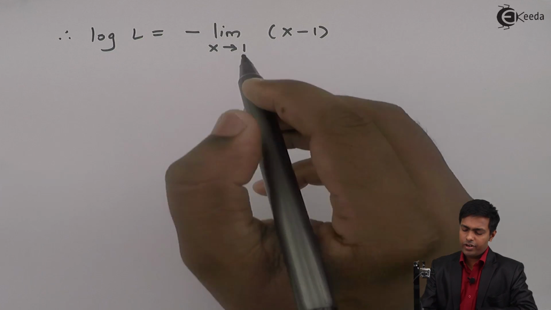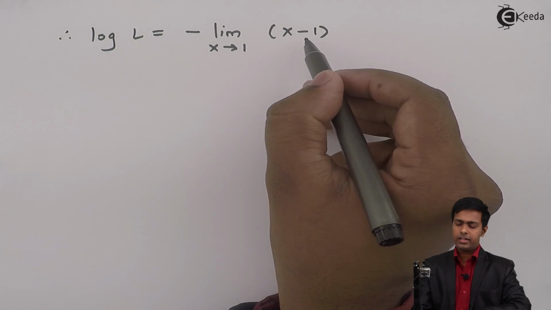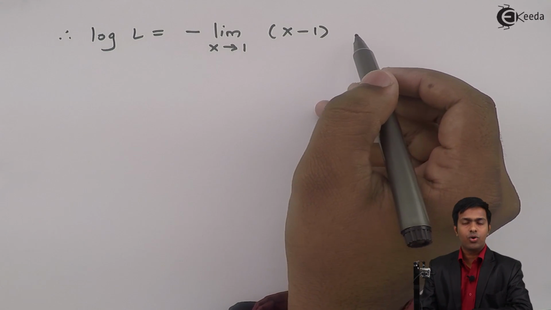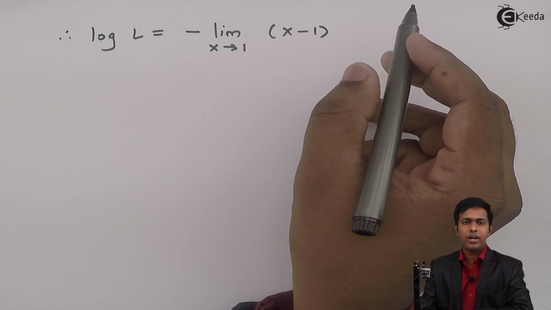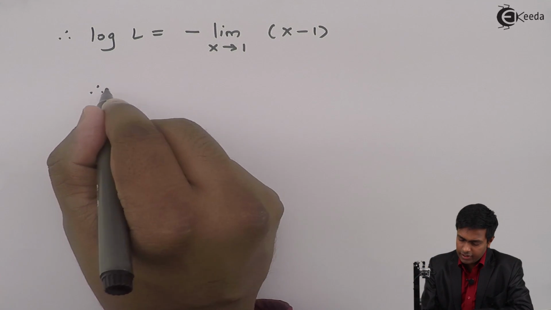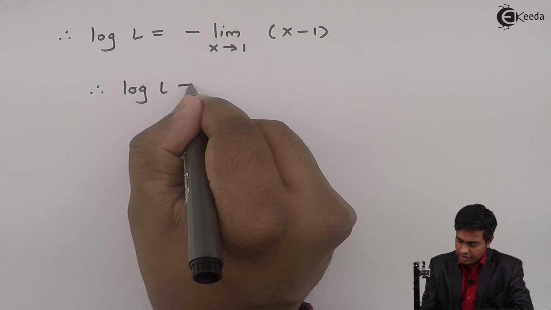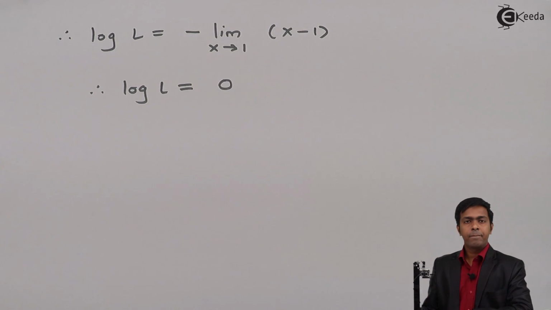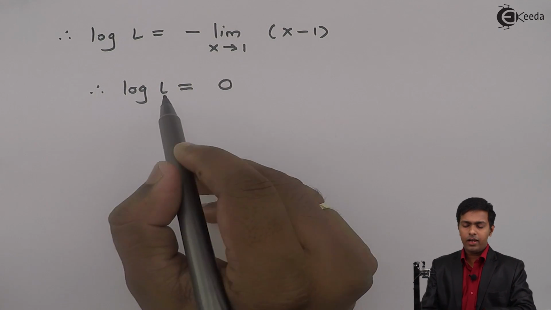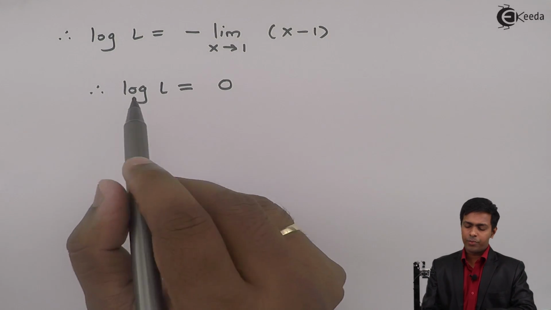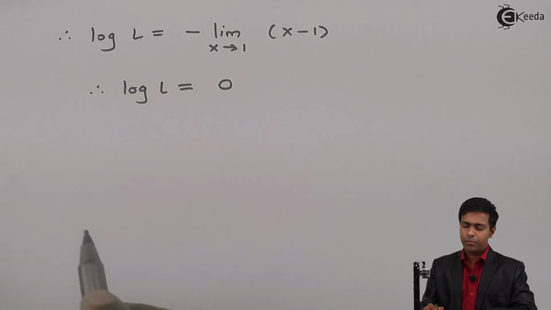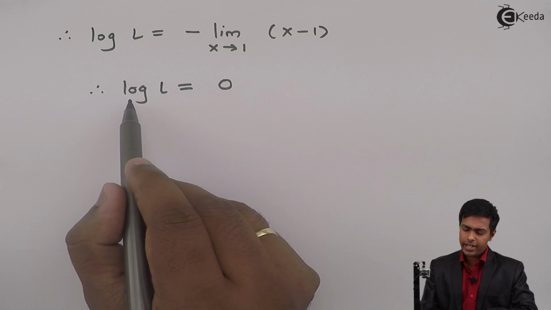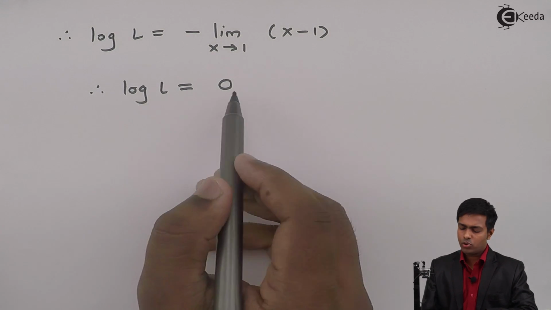And now if we substitute x as 1, then we will get 1 minus 1, that is 0, and that is the finite value of the limit. So we will get log of L equal to 0. Now we want the value of L, so we have to remove this log from L, and to remove the log I will take base e on both sides.